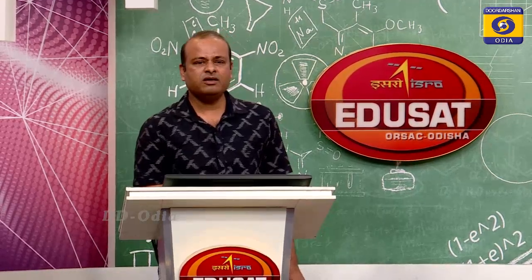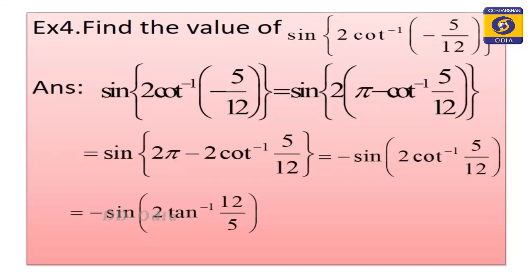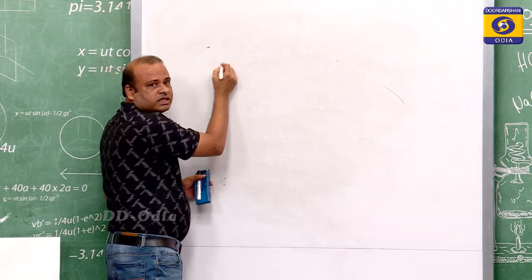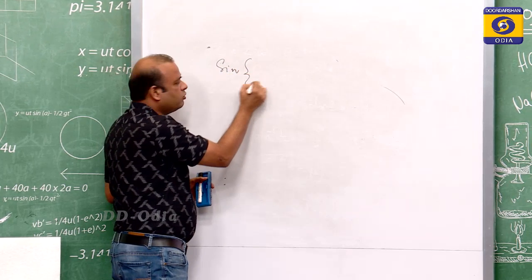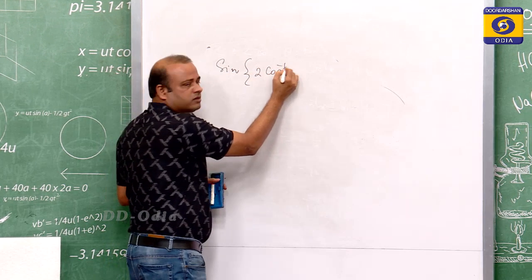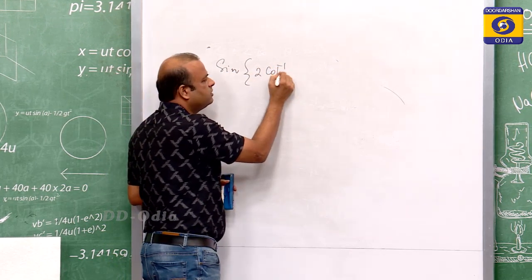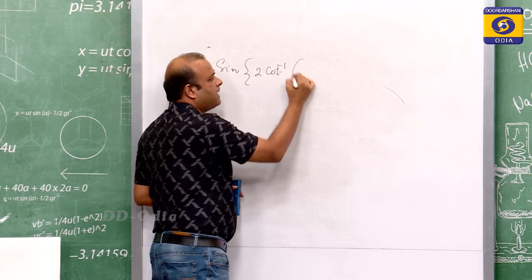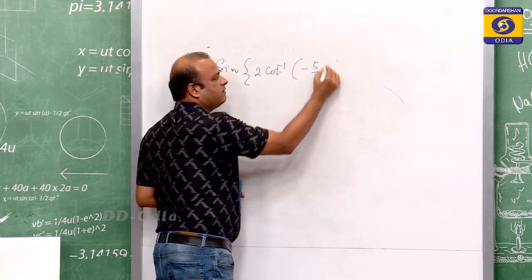Now find the value of sine of 2 cot inverse minus 5 by 12. We have to find the value of sine of 2 cot inverse minus 5 by 12, right?